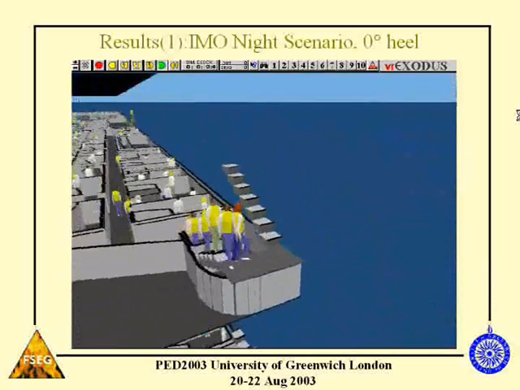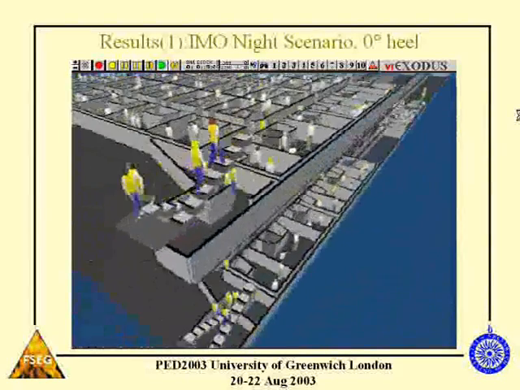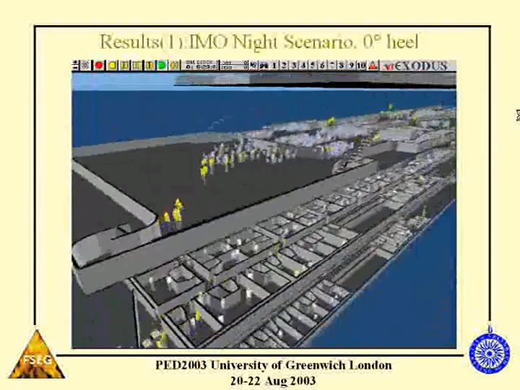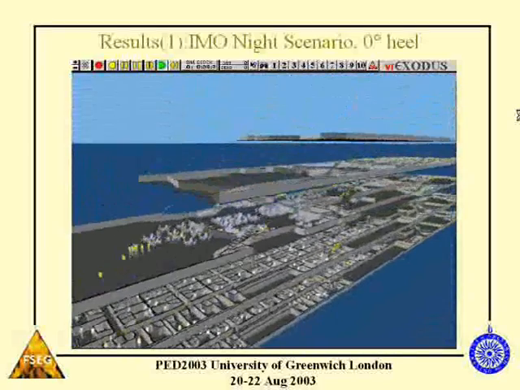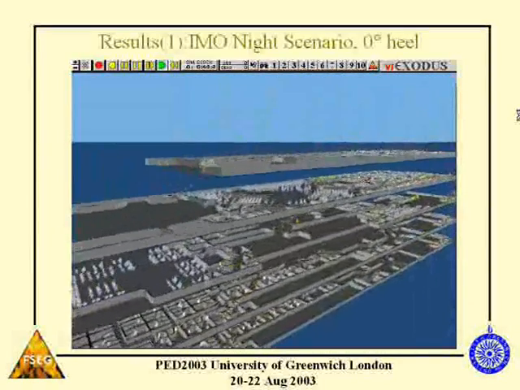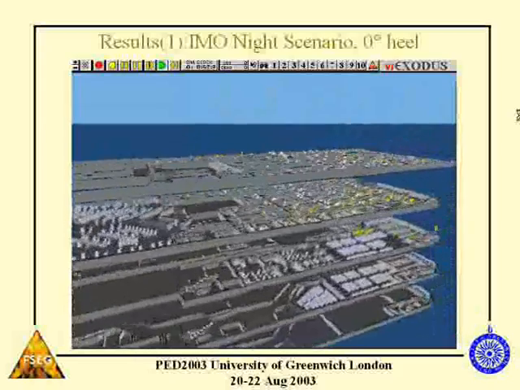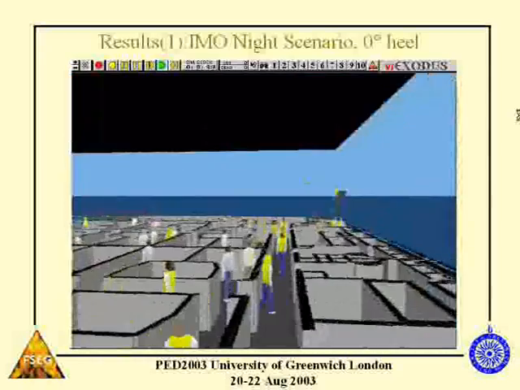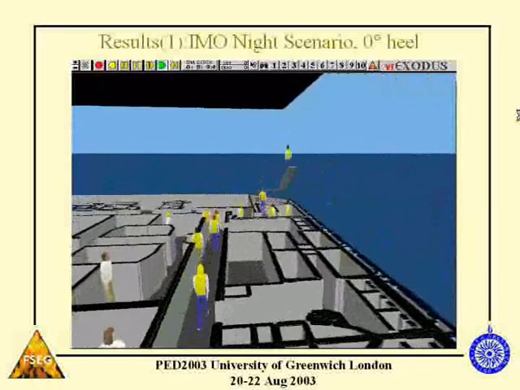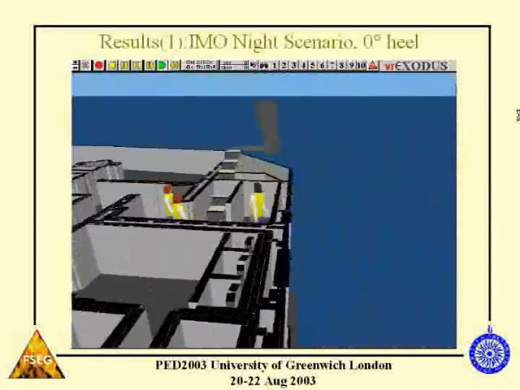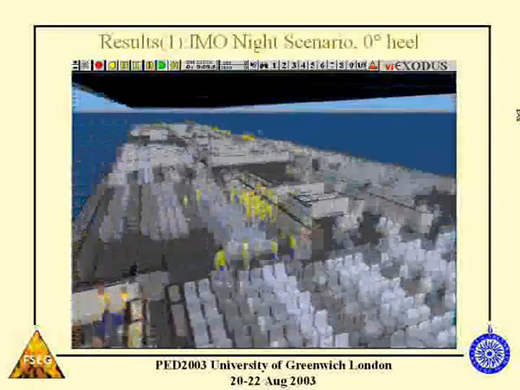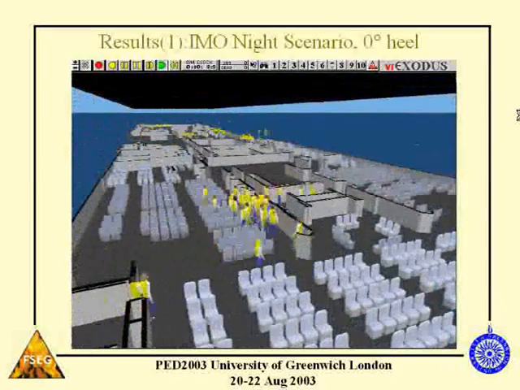They then start to make their way up the stairs to the muster deck on deck 8. There are also people making their way down from the upper decks to the muster deck. And here we have a muster on deck 8.